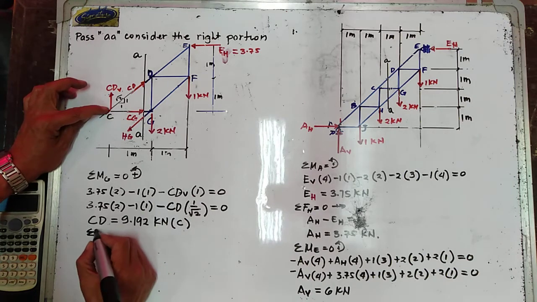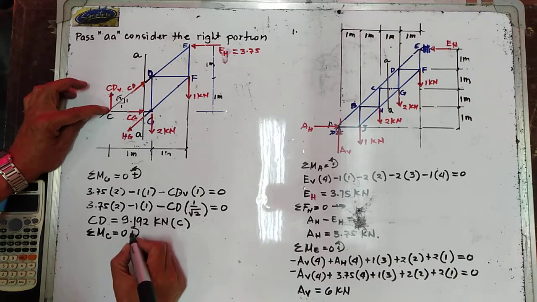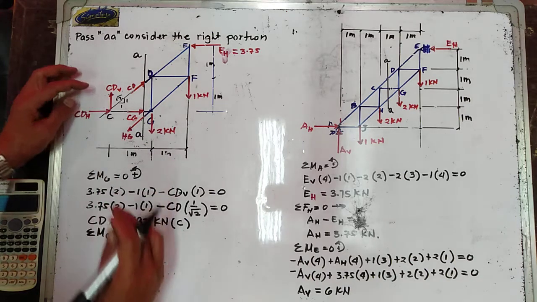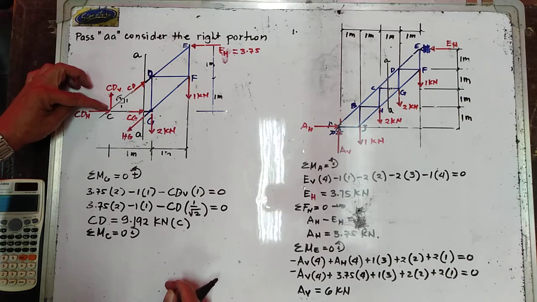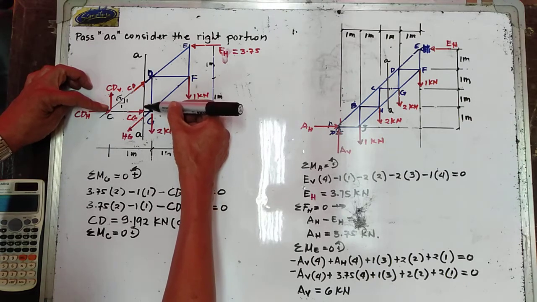Again, counterclockwise moment positive. Your CD has no moment because it passes through your moment center. Your CG has no moment because it passes through your moment center. So it will only be your HG.